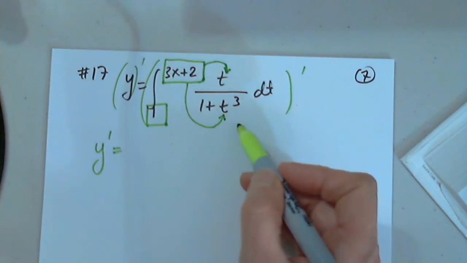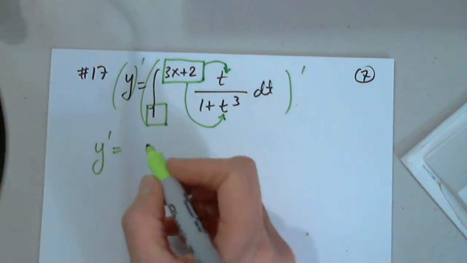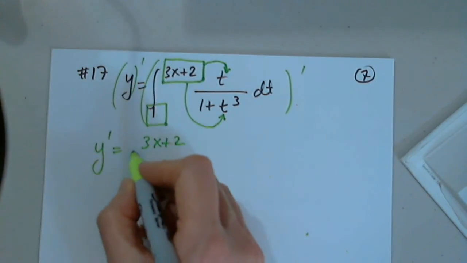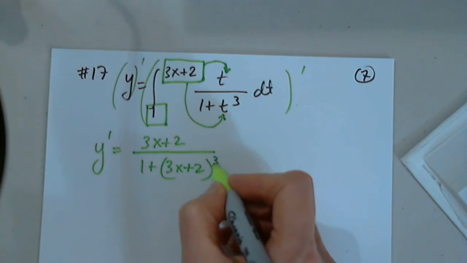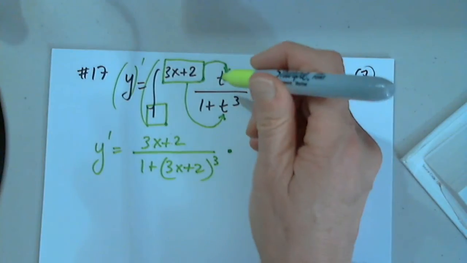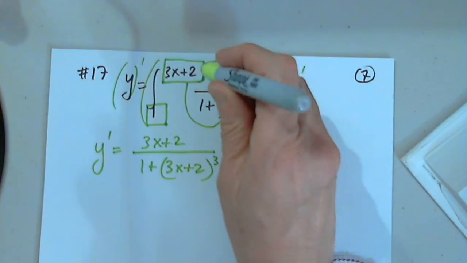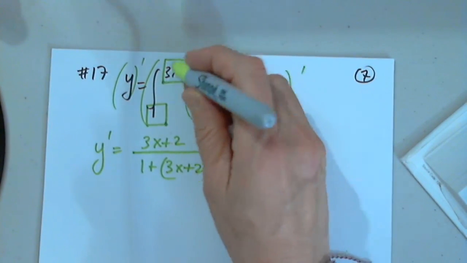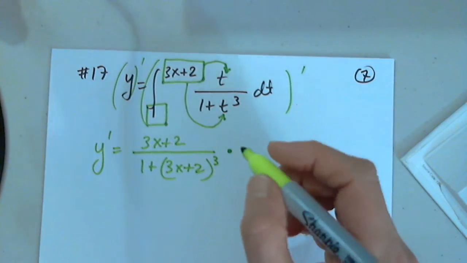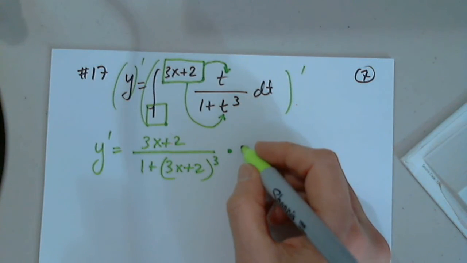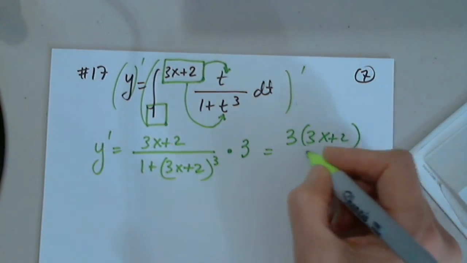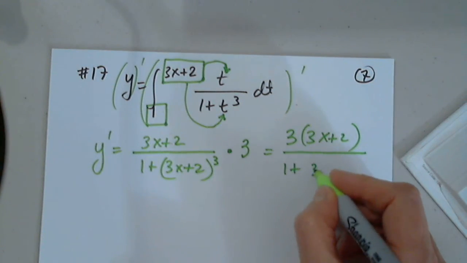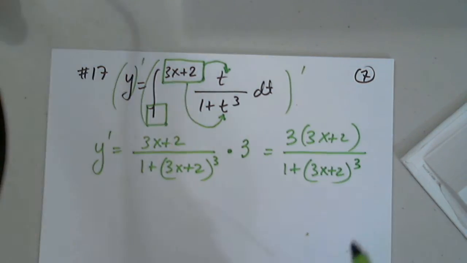If I had x, I would replace t by just x. So I have 3x plus 2 at the top, 1 plus 3x plus 2 to the third, multiplied by, I don't know why I'm losing my voice tonight, the inner function prime. How much is the inner function prime? 3.